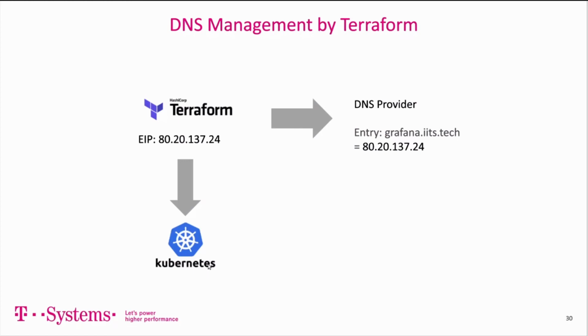So this is also not a good approach. The only viable choice here is if you have some virtual machines and everything inside Terraform. If you define everything inside Terraform and don't use Kubernetes, then you can also do it with Terraform.